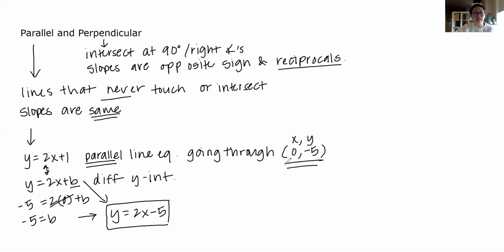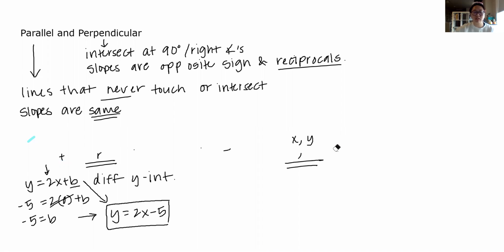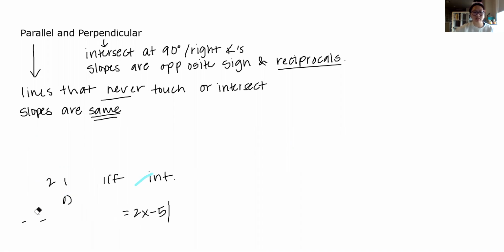So that's parallel. Let's take a look at perpendicular. I'm going to go ahead and erase part of this, so if you need it, do go back and rewind this video. All right, now we have some space to work out a perpendicular line equation.